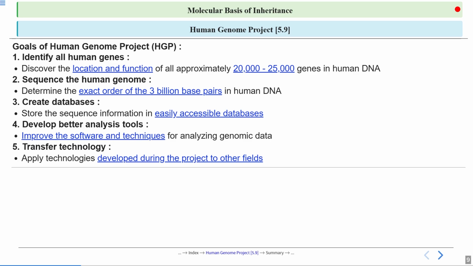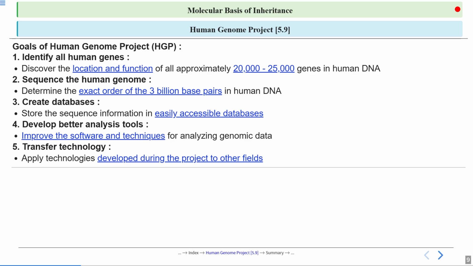Now, they have to develop better analysis tools. Even after collecting a lot of data, we have to analyze the data, so they should have improved software and techniques to analyze that genomic data.